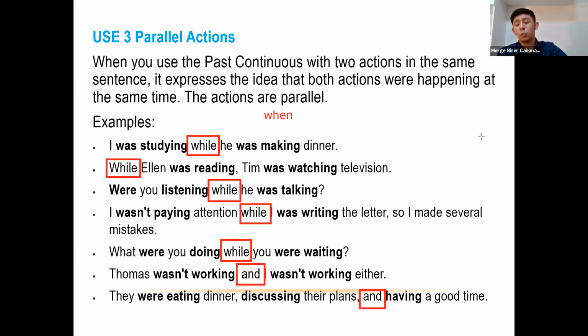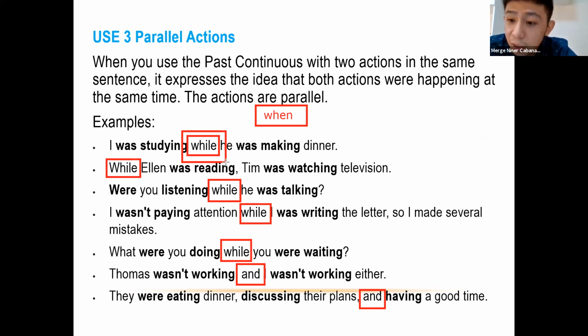But what's with the use of "while" compared to "when"? "When" means that one action got finished. But "while," we're talking about two events happening, or in this case, happened simultaneously.